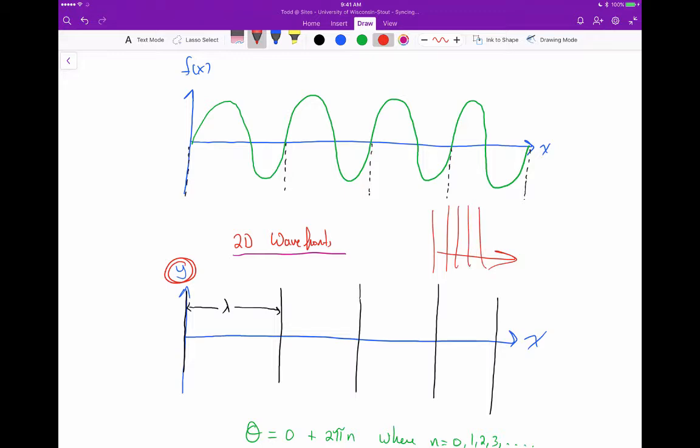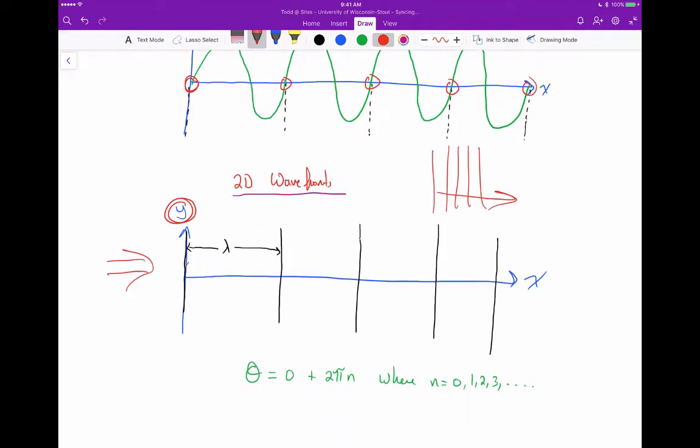For this one, I've arbitrarily chosen the theta equals 0 point, and then this is just repeated every integral multiple of 2 pi. And so down here is my graphical representation of the wavefronts. These will be straight lines.